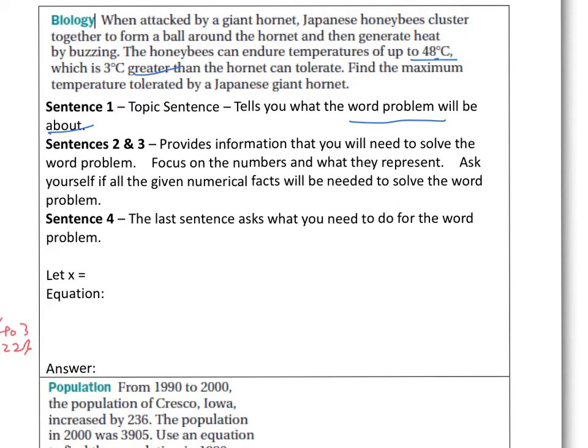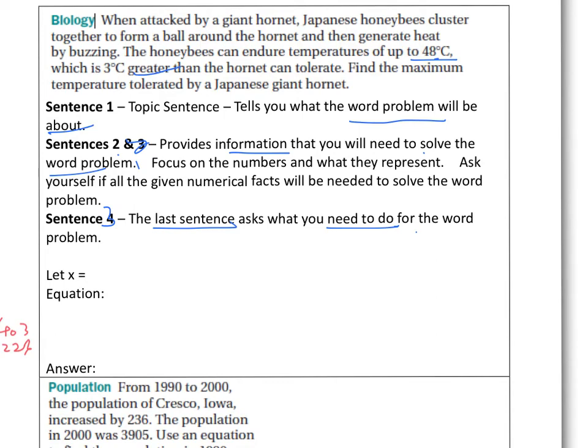So sentence 2 provides information that we will need to solve the word problem. Find the maximum temperature tolerated by a Japanese giant hornet. So the last sentence, in this case sentence 3, tells you what you need to do.